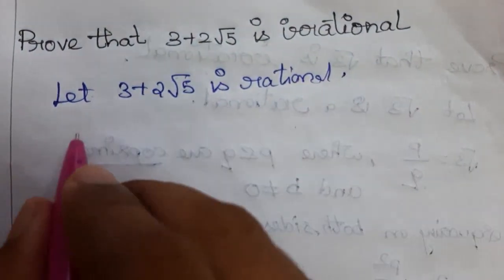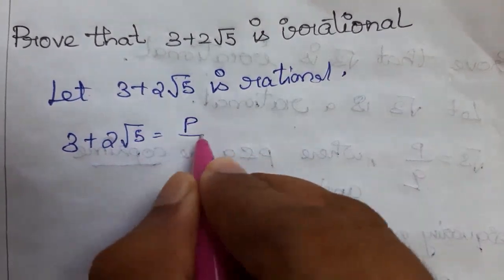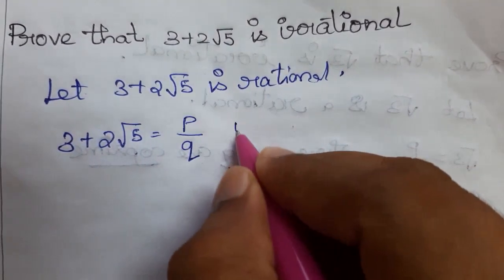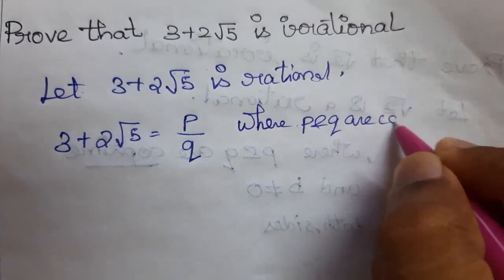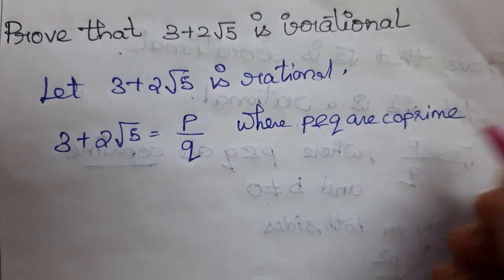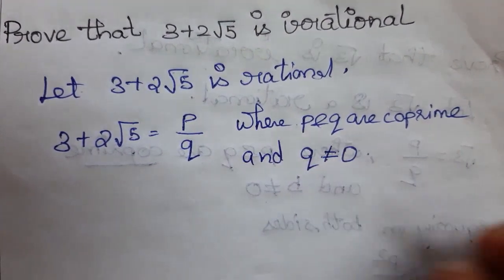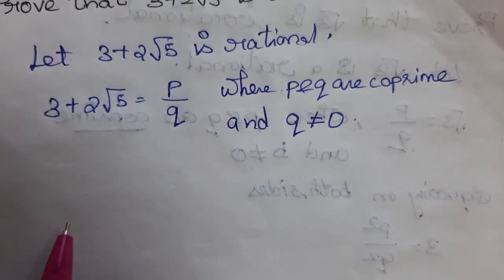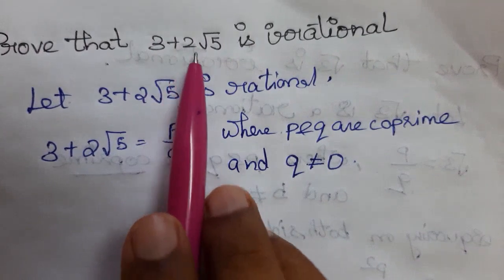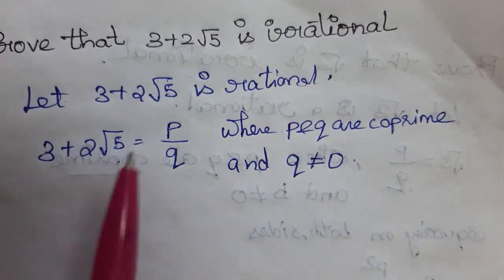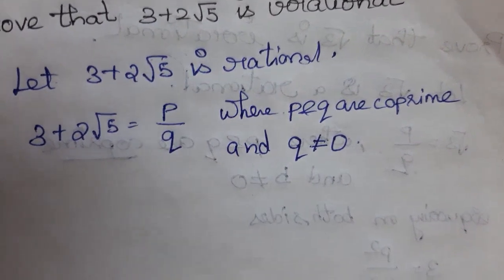Then it should satisfy the condition 3 plus 2 root 5 is equal to p by q, where p and q are co-prime and q not equal to 0, right? Here we need not go for a square because we already know root 5 is irrational, right? Just this combination of numbers you want to prove as rational.